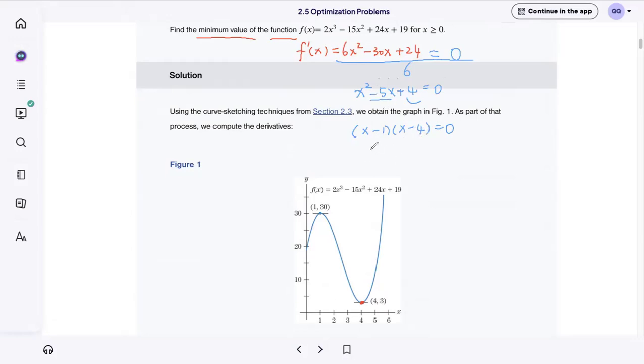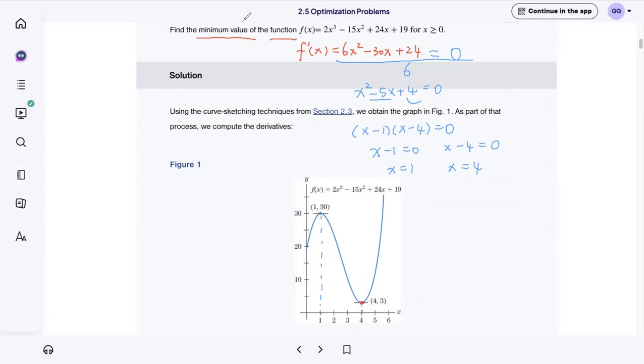Then we use the zero property: x minus 1 is 0 or x minus 4 is 0, because if we multiply two things to get 0, at least one of them has to be 0. So x equals 1 and x equals 4. We see this is x equals 1, a local maximum, and x equals 4 is here.